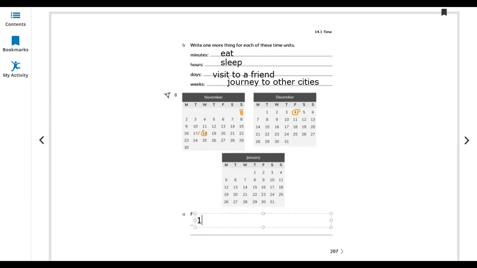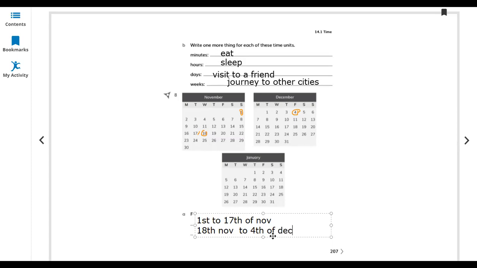Choose the first to the 18th, from the 1st to the 18th of November, and the second, sorry, not 18, 17th of November, and then the 18th of November to the 4th of December.